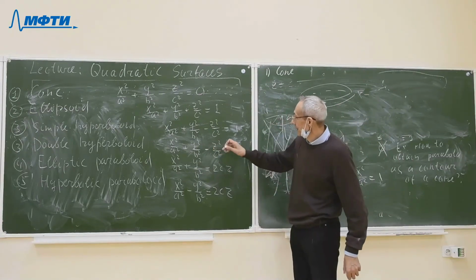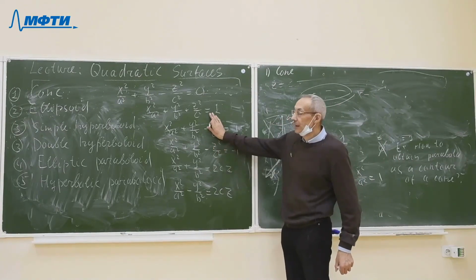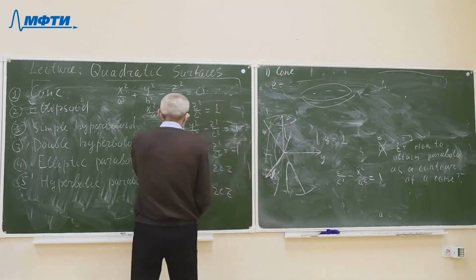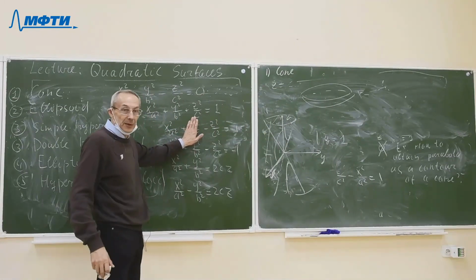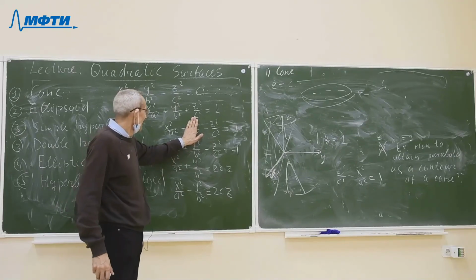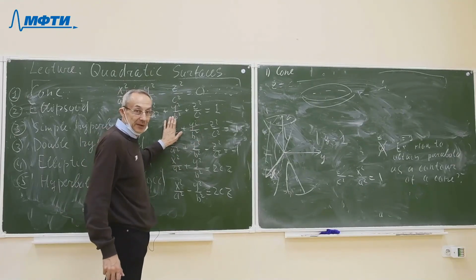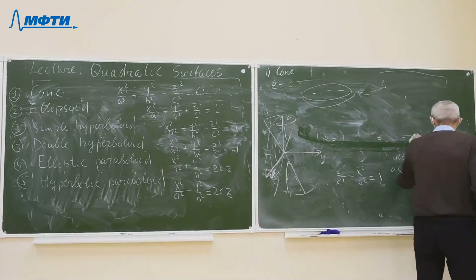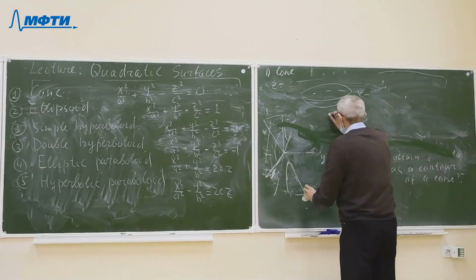In the second case, what does a simple hyperboloid mean? If z is equal 0, we obtain an ellipse. In this case, y is equal 0, we obtain a hyperbola. And in this case, we obtain also a hyperbola. And the form of this surface is the following.